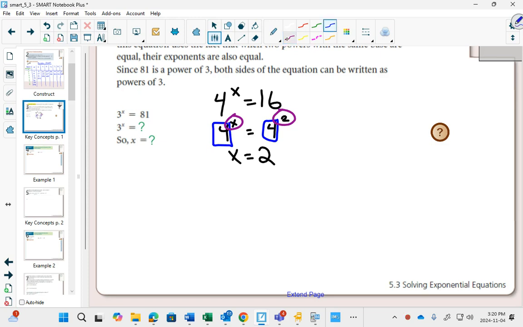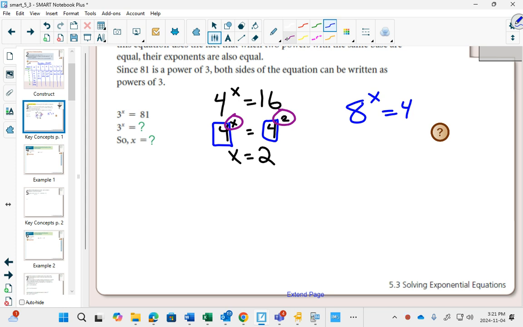But I could give you a less obvious question, like this. 8 to what power is 4? And now we're in trouble. You know that 8 to the 0 is 1, and 8 to the 1 is 8.